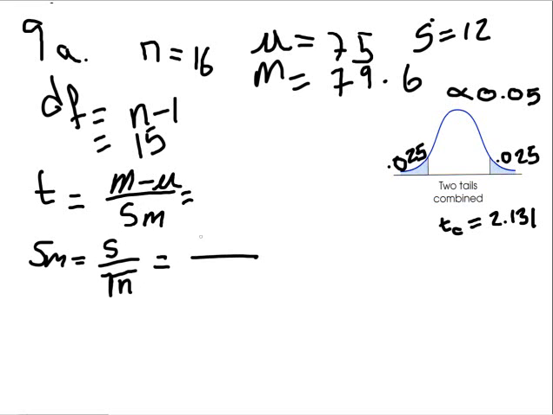That equals 12 from right up here over the square root of 16. That equals 12 over 4. 12 divided by 4 is 3. Okay, so we're going to go right up here.